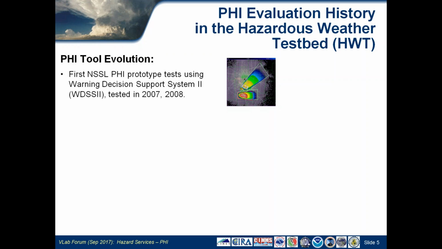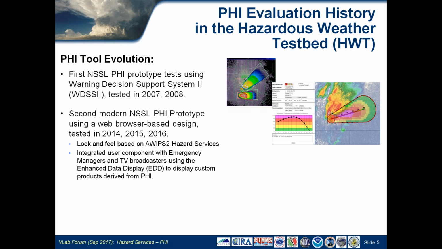The project was a success, but one of the biggest takeaways we got from the forecasters, and I think we had about 18 forecasters in total come in for this test, is that we need this stuff in AWIPS. That's going to help for them to transition to using these new technologies in a system that they're using right now in operations.